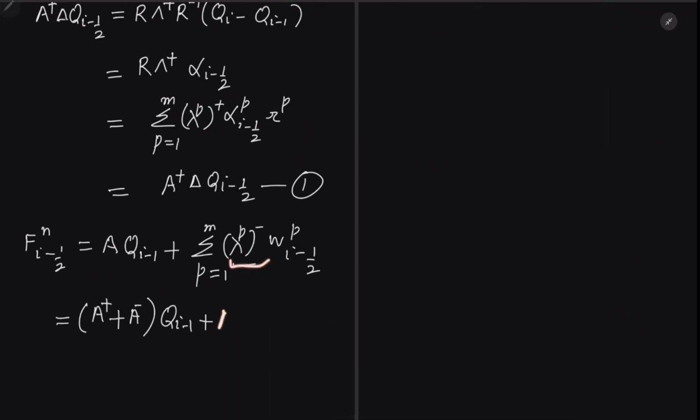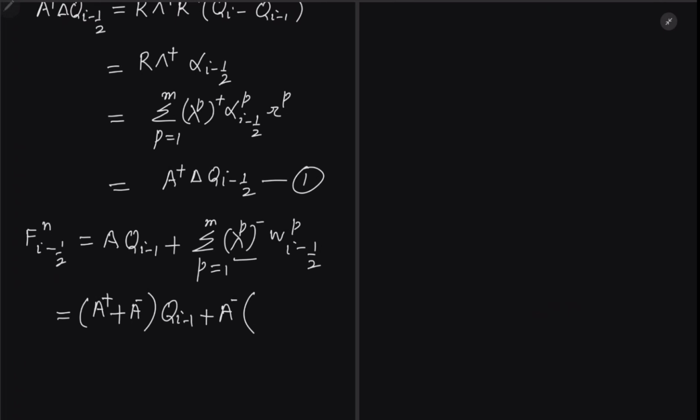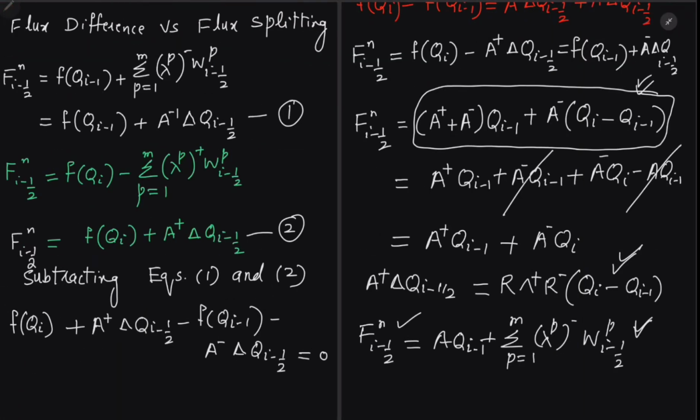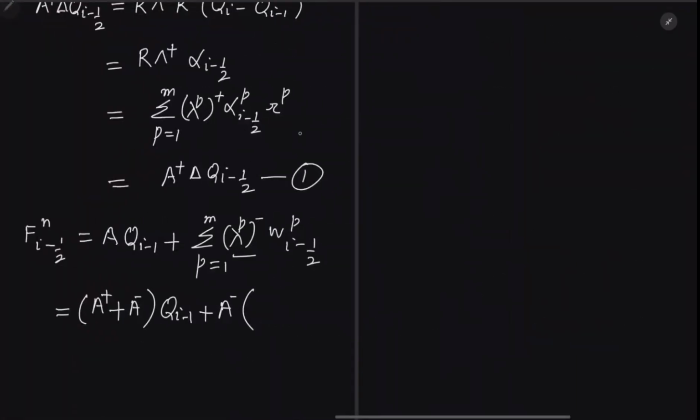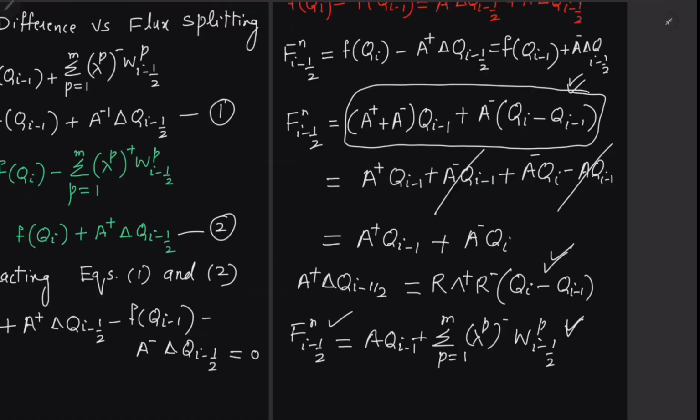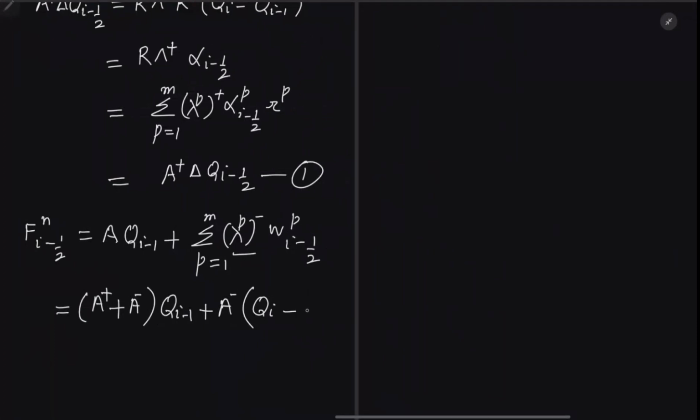this can be written as A minus. So we have A minus, then we have wp i minus 1 half. wp i minus 1 half can be written as qi, can be written as qi minus 1.